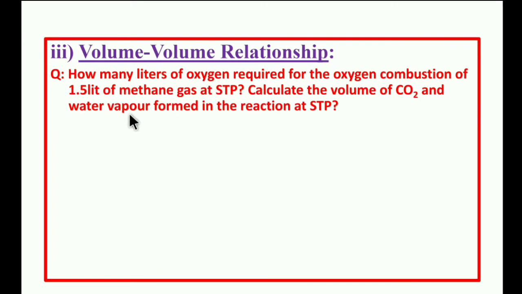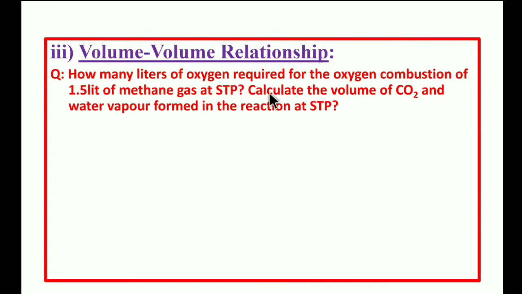If you want, you can read it two times, three times to understand the case here. So what he is asking in this: how many liters of oxygen are required for the combustion of 1.5 liters of methane? That means for burning 1.5 liters of methane, how many liters of oxygen are required?